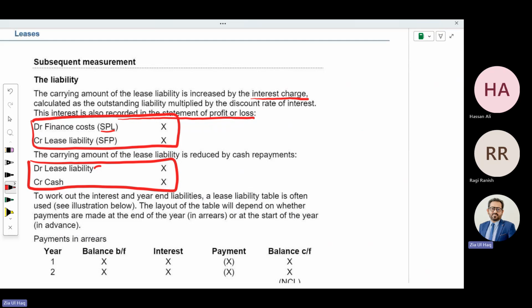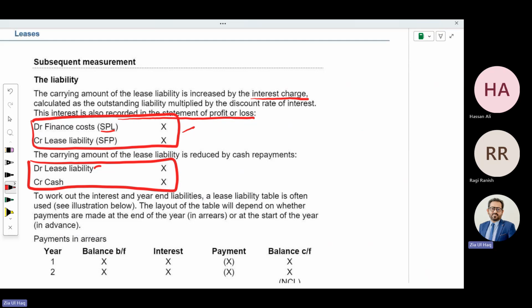Instead of recording interest expense debit cash credit separately, we are recording the cash payment of lease liability and interest combined. That's why we need to add interest to the liability first. Then while making payment, liability debit includes interest as well as the cost of the asset, and we are paying cash.